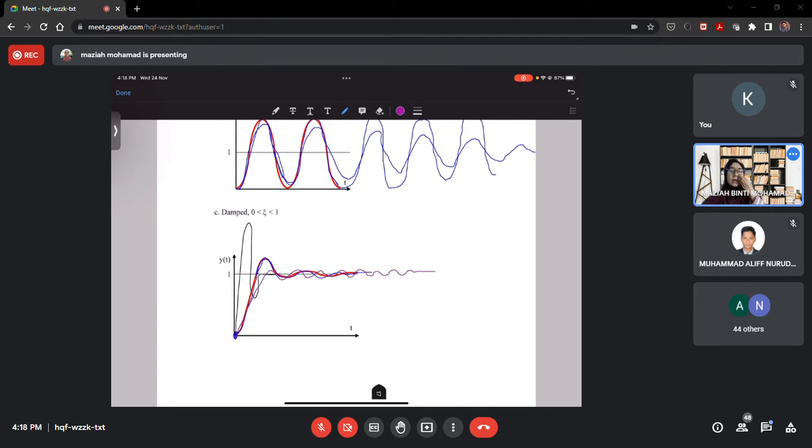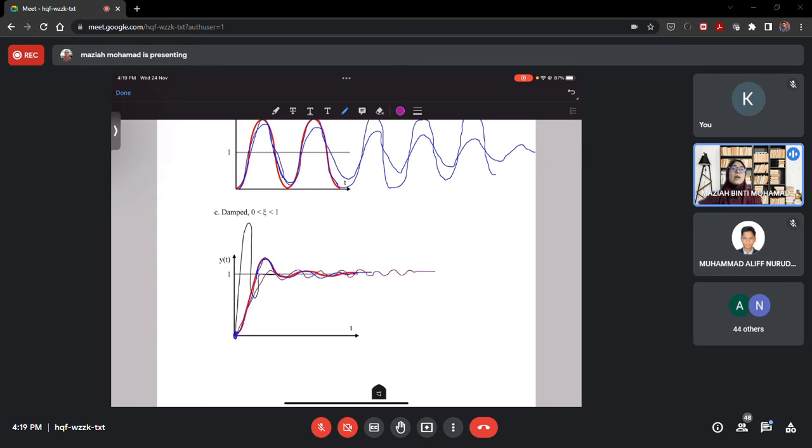Of course, the specification of the system is based on our requirement, how we want our system to behave. Some systems will require a faster settling time, meaning you want the system to settle faster to the final value.